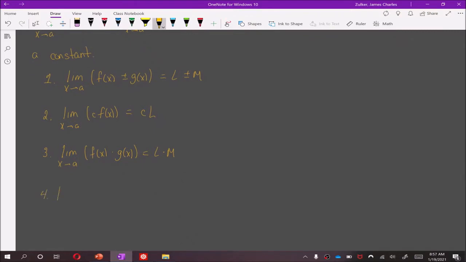Number 4, the limit as x approaches a of f of x over g of x will just be L over M as long as M is not equal to 0. So this says if you take the limit of a quotient of functions, the result is just the quotient of the individual limits as long as the bottom function, the denominator function, is not approaching 0.